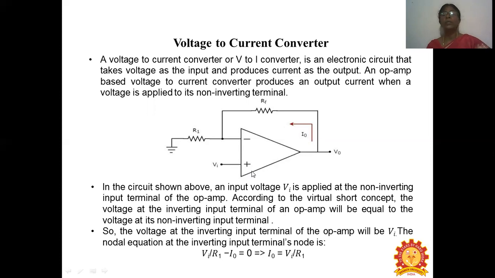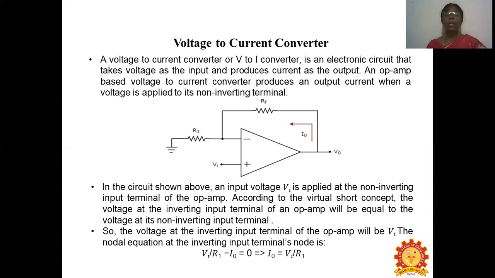According to the virtual short circuit concept, the voltage at the inverting input of the operational amplifier circuit will be equal to the voltage available at the non-inverting terminal of the circuit. So the voltage at the inverting terminal of the operational amplifier will be VI.